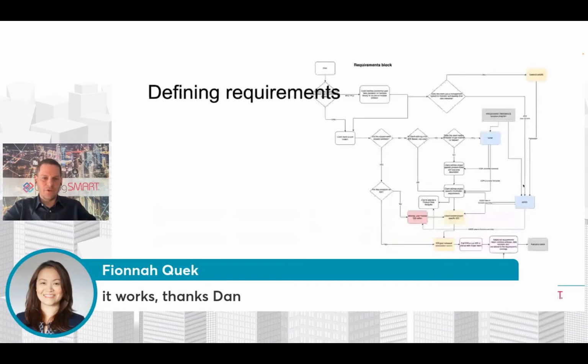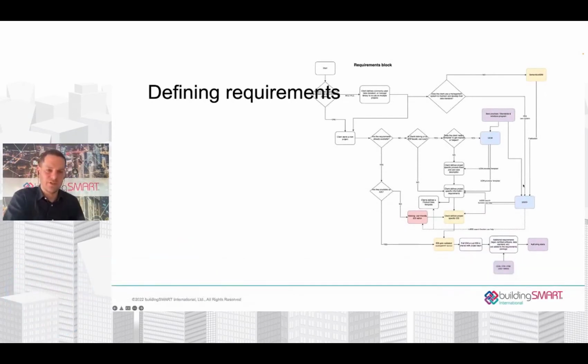Just quickly going over a couple of them. I think the most complex one is already the first one, defining requirements. You can have project-specific requirements in a one-time flow for one project, but we also see a lot of clients who define requirements multiple times and constantly come back to the same kind of requirements. For those users, the buildingSMART data dictionary can host your project-specific or company-specific requirements.